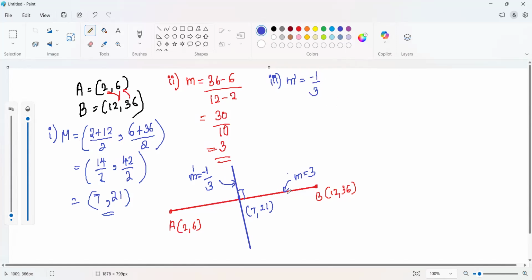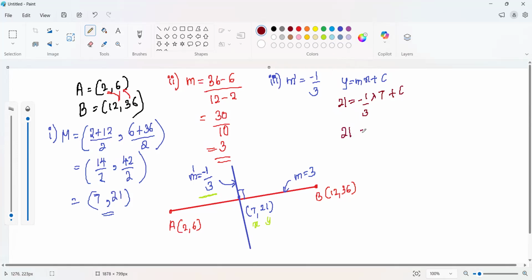Now we know one point. According to y = mx + c, you can substitute the x value, y value and the gradient. When you substitute them, the y value is 21 equals negative 1 over 3 times the x value, 7, plus c. It may not simplify.